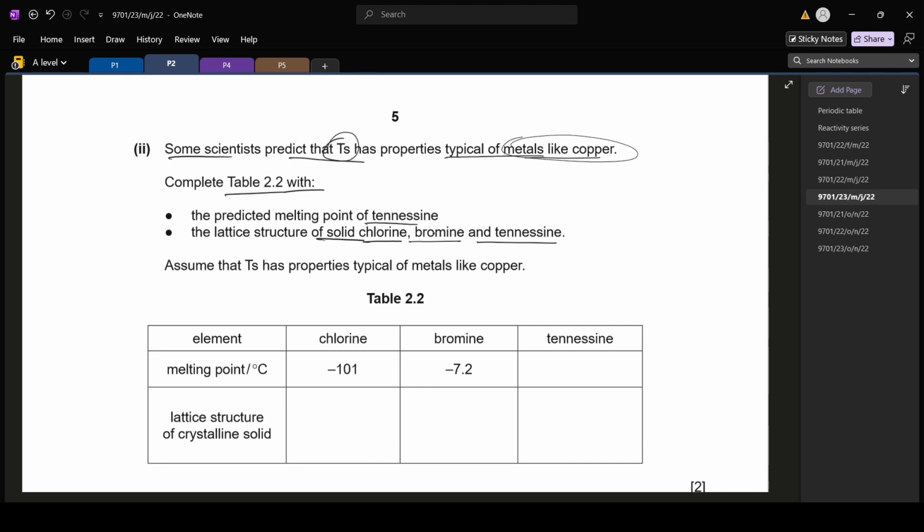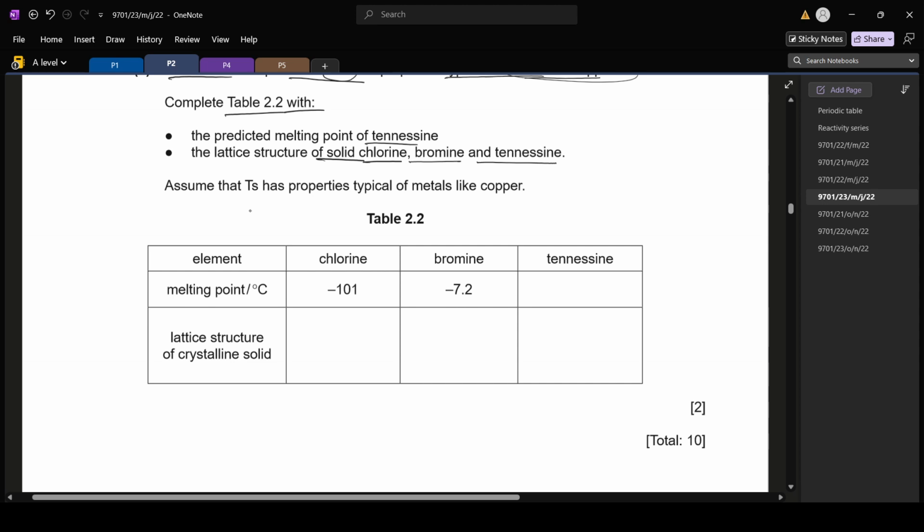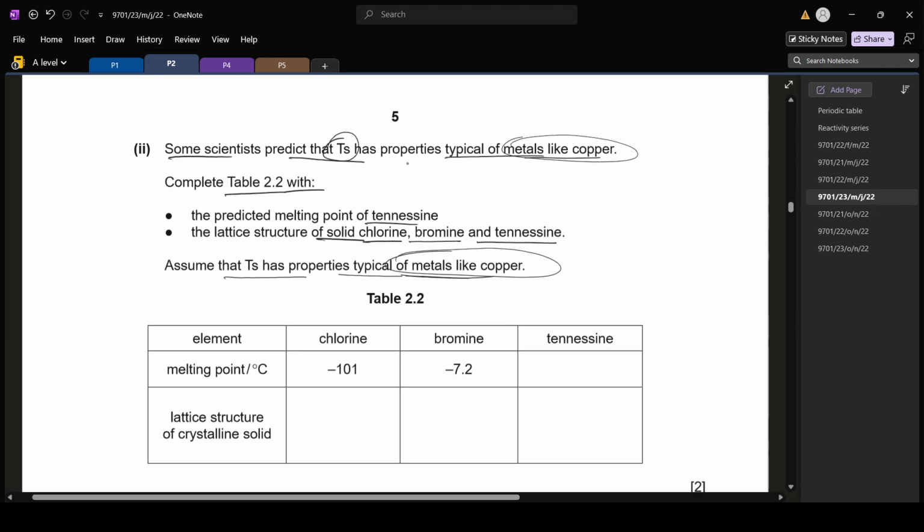If tennessine has properties like metals such as copper, it will have a high melting point. It could have a melting point of 1000 degrees Celsius.